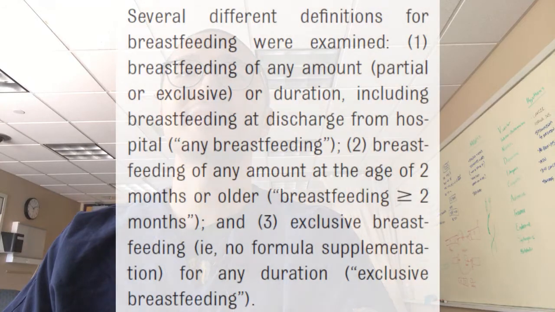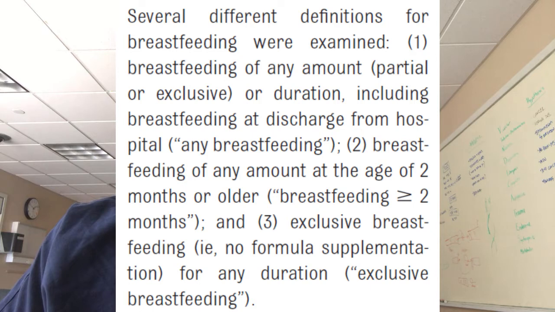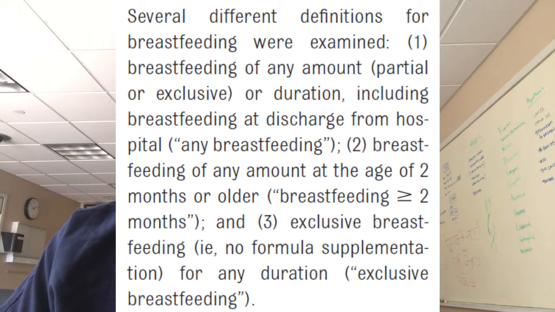Pretty reliable. And then for breastfeeding, they had 3 different terms: breastfeeding of any amount or duration, breastfeeding of any amount at the age of 2 months or older, and exclusive breastfeeding, meaning no formula at all.